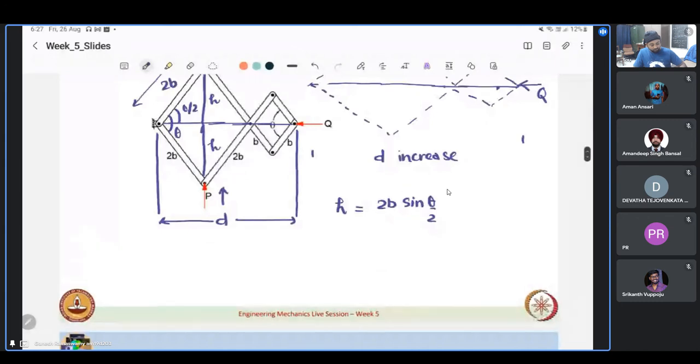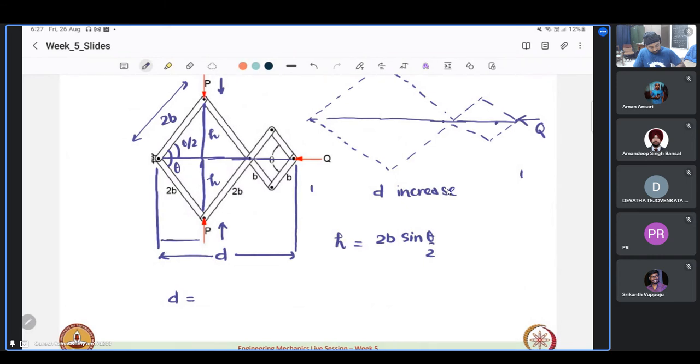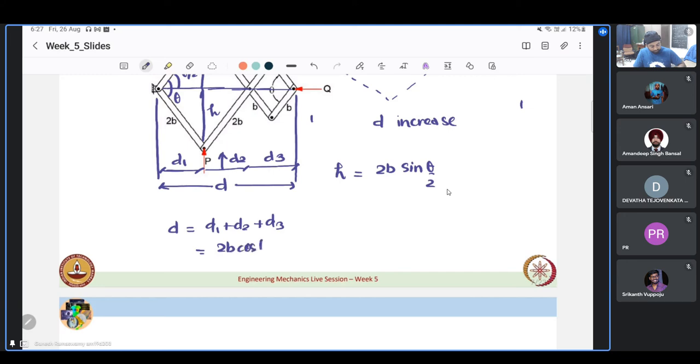Okay. So now that we have got h, let us also calculate d. What will d come out to be? If this is h, what will this distance be? Let us call this d1, d2, let this be d3. It is d1 plus d2 plus d3. d1 we can see it is 2b cos theta by 2.